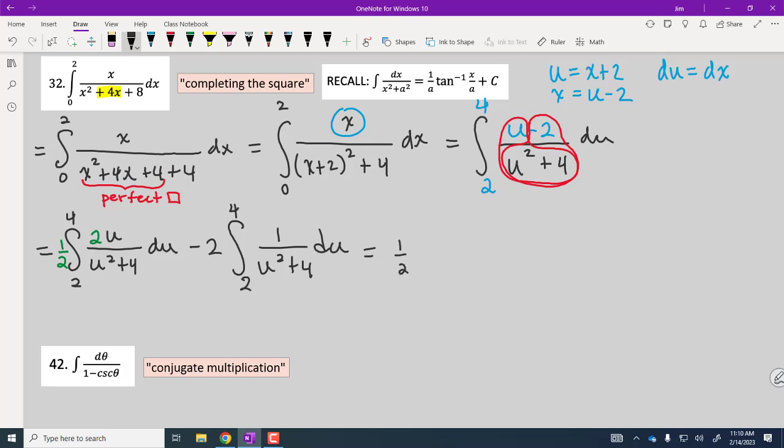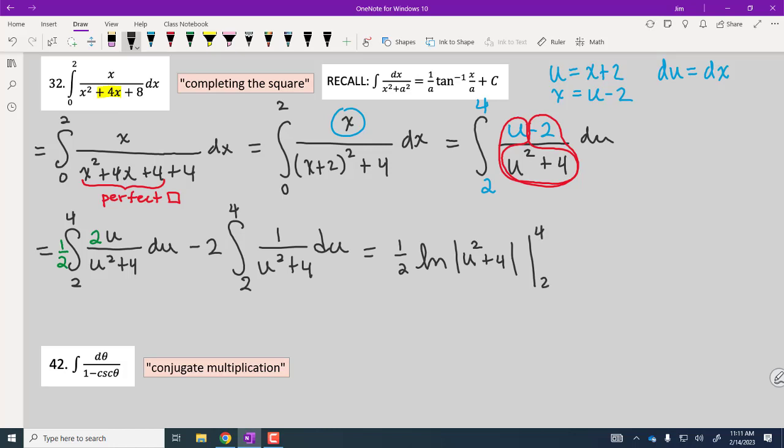So this is 1/2 natural log, absolute value of the denominator. We don't even need the absolute value, though, because u squared plus 4 is positive. So you don't have to put it. Doesn't hurt. You can do it, and it doesn't matter. So then this is going to go from 2 to 4.